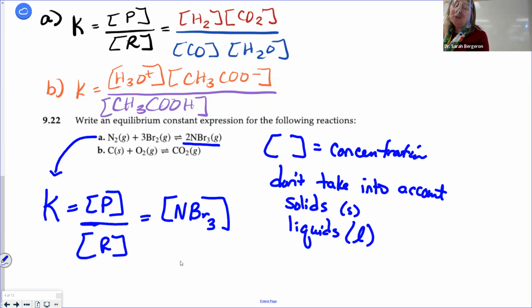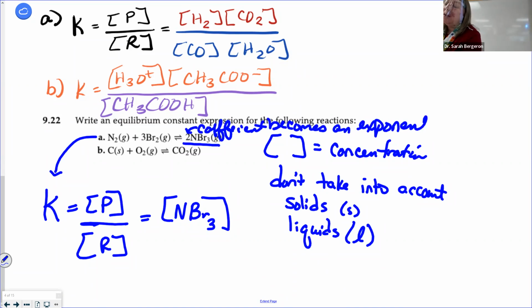So anything that was a coefficient becomes an exponent. So I'm going to take that and put a 2. So I can take that balancing into account when I have my equilibrium expression.